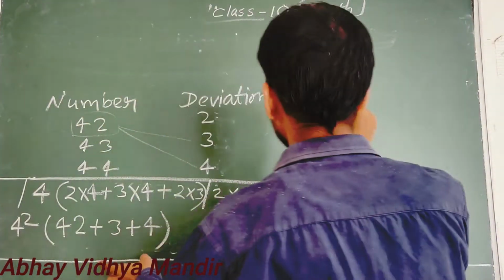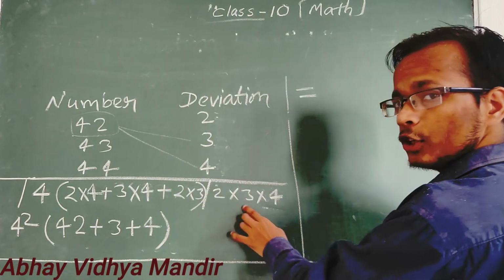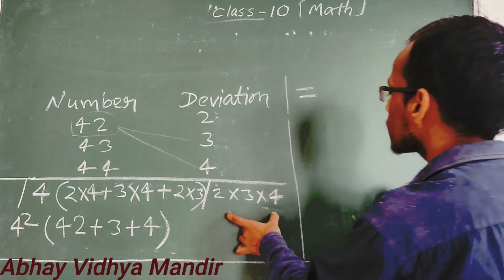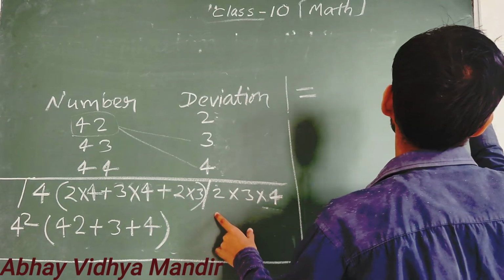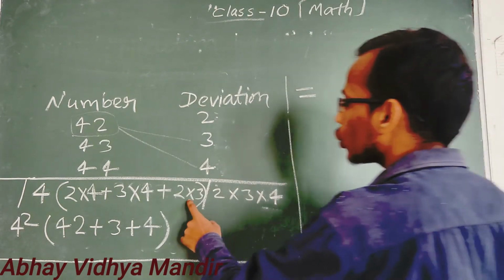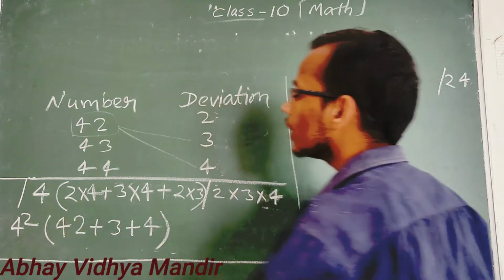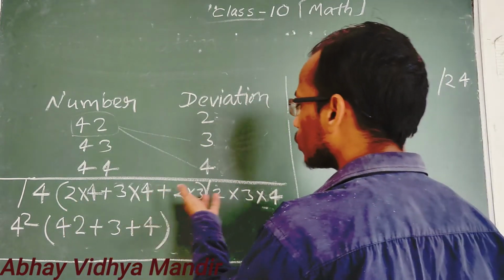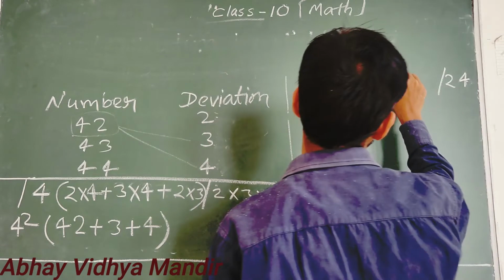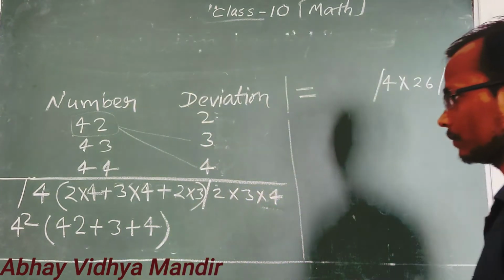So here I am going to solve it. 2 into 3 into 4. So what is this? 24. Oblique: 2 into 3 is 6, 3 into 4 is 12, and 2 into 4 is 8. 8 and 12 is 20, 26. 26 multiplied with 4. Oblique.